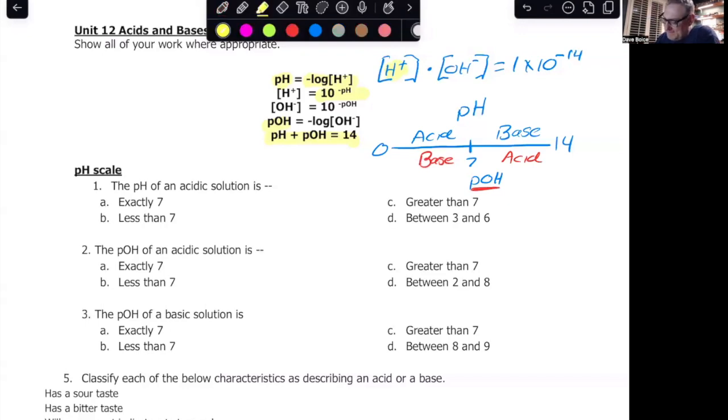But let's see what that means. On the pH scale, the pH of an acidic solution is less than 7, right here. The pOH of an acidic solution, that's down here, is right there, and so that is going to be greater than 7.